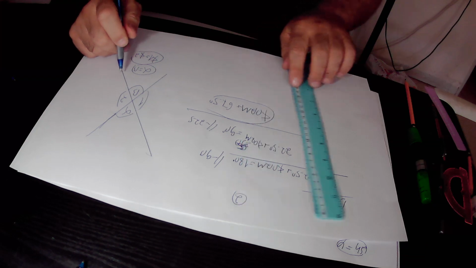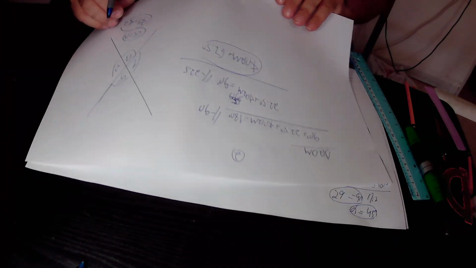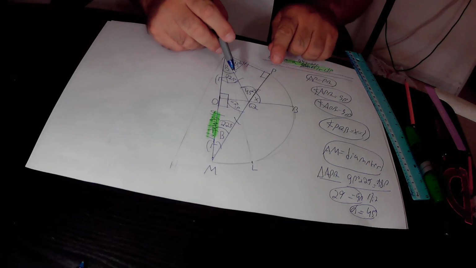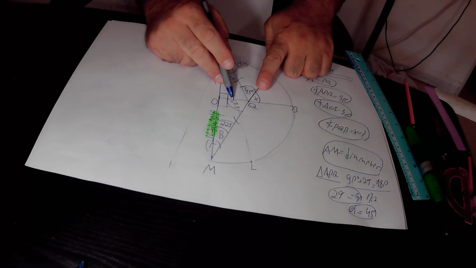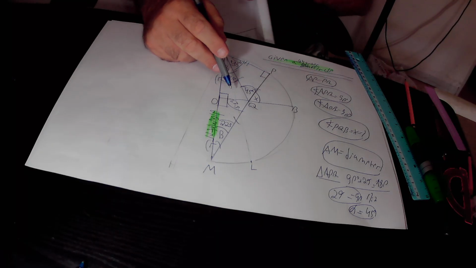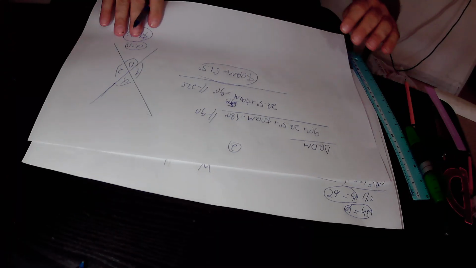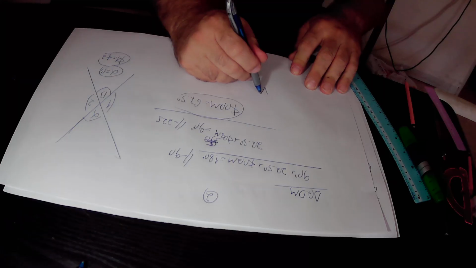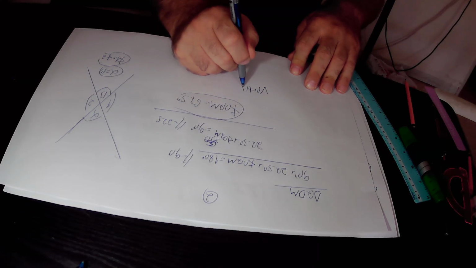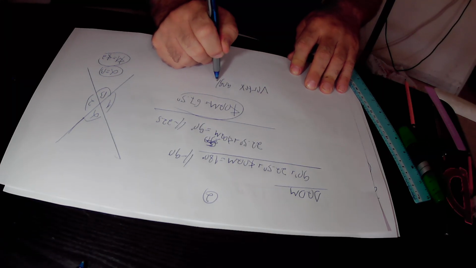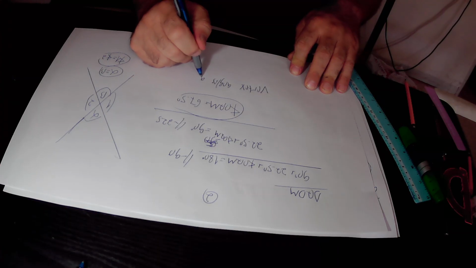So we can implement the rule in our drawing. Those two angles are defined as vertex angles and therefore they must be equal to each other in their sizes. That is to say, angle x equals 67.5 degrees, according to the rule that says that vertex angles are equal to each other in their sizes.